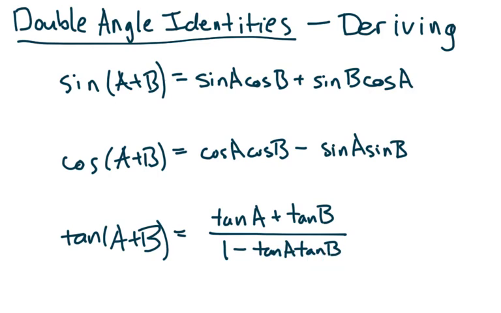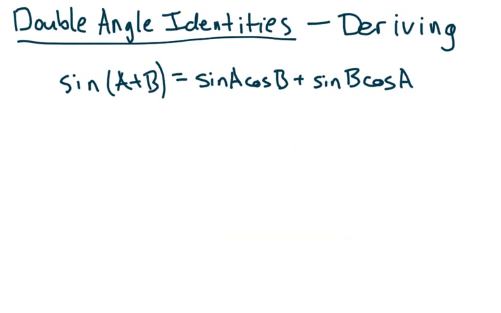What we're going to do, one at a time, is take this and turn it into twice an angle. We want to find the sine of 2 times some angle. So let's say 2 times A. Well, the thing about multiplying by 2 means something plus itself.